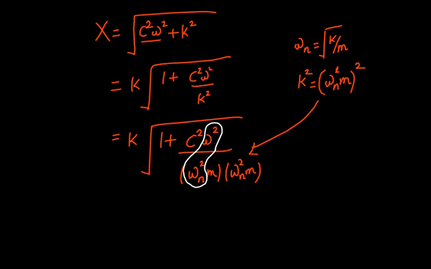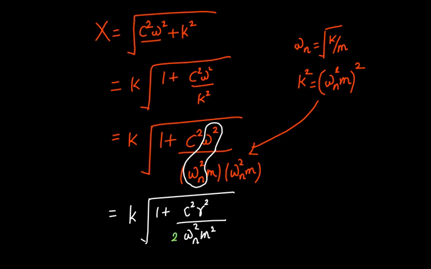As r squared. So in the next step, it's k into square root of 1 plus c squared into r squared divided by omega n squared into m squared. Now what I'm going to do is multiply by 2 squared and divide by 2 squared, so I'm not going to do any damage to this equation.